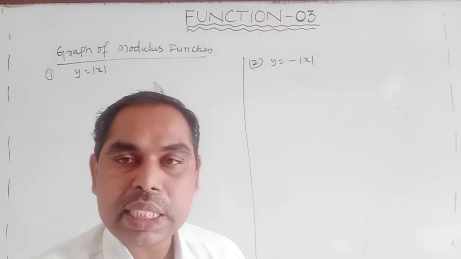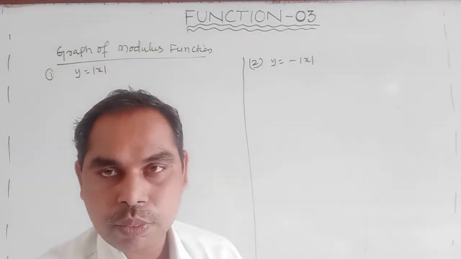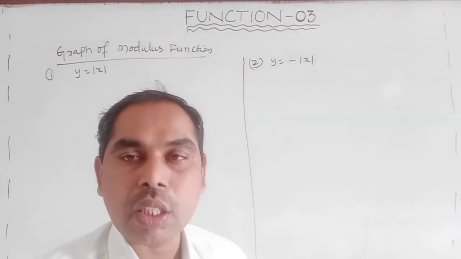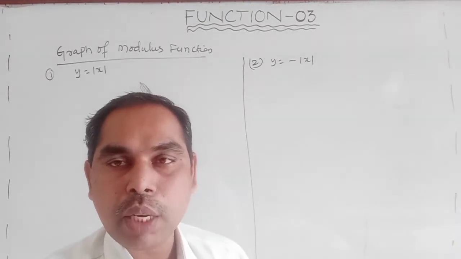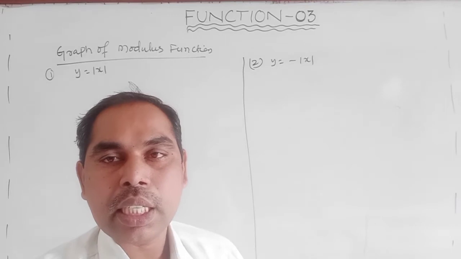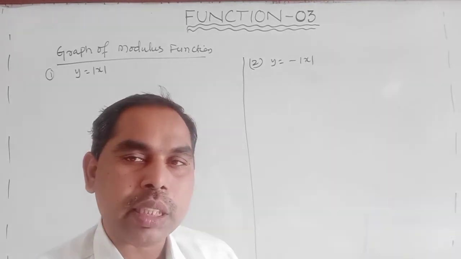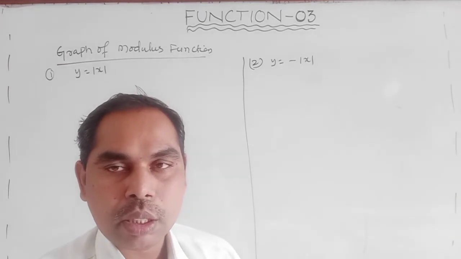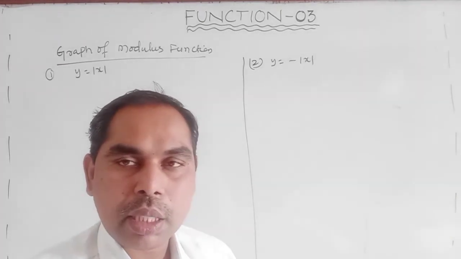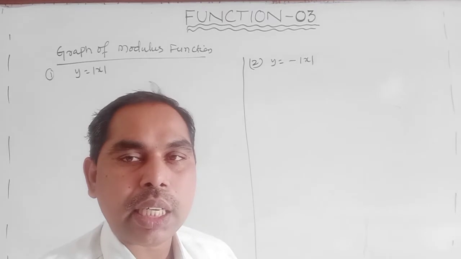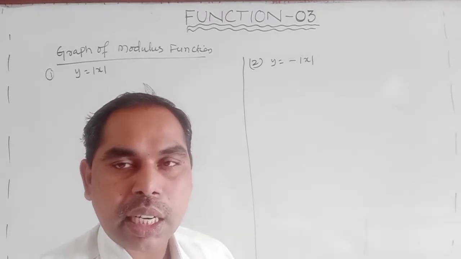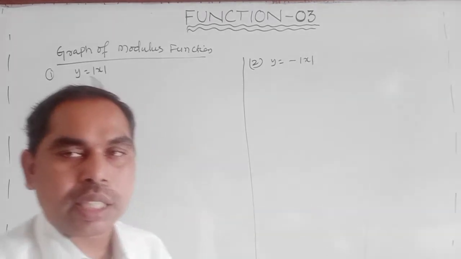Since mod x always gives a non-negative value, y is always greater than or equal to 0. But x can be taken as both positive and negative. Hence the graph lies in the first and second quadrant.